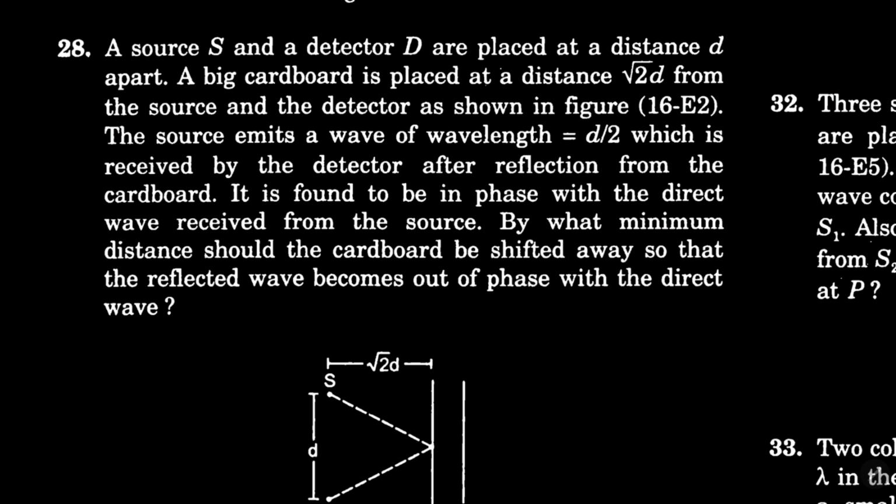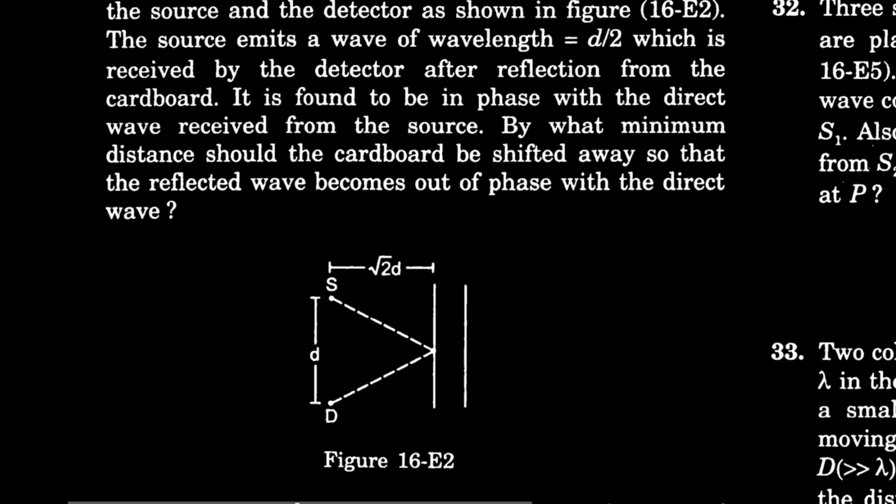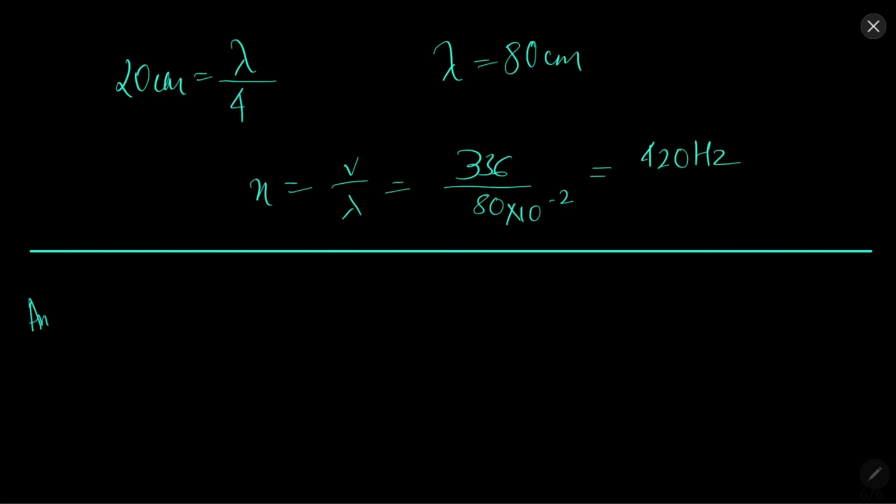In question 28, a source and a detector are given to us. Now by what minimum distance should the cardboard be shifted away so that the reflected wave becomes out of phase with the direct wave? This figure is given. Solution 28. So wavelength is d over 2.